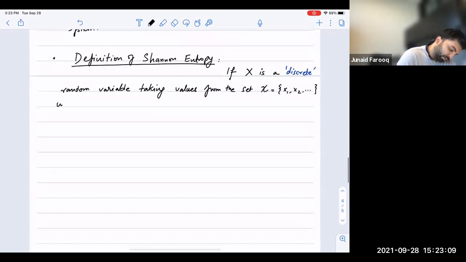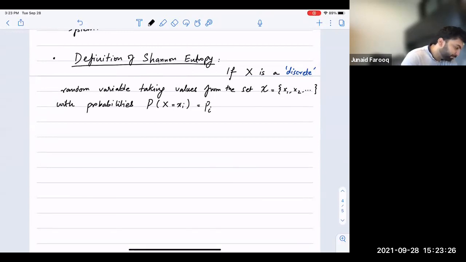And assume that there are probabilities for these events in the set. Let's call these probabilities probability x equals xi, and let's call them pi, for all i is 1, 2, and so on.